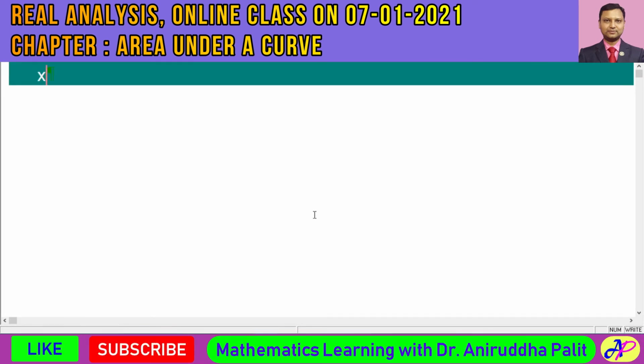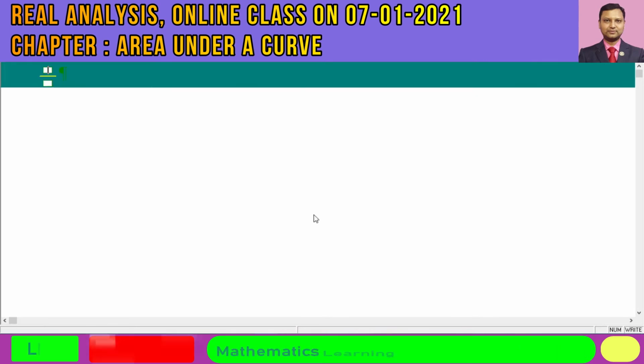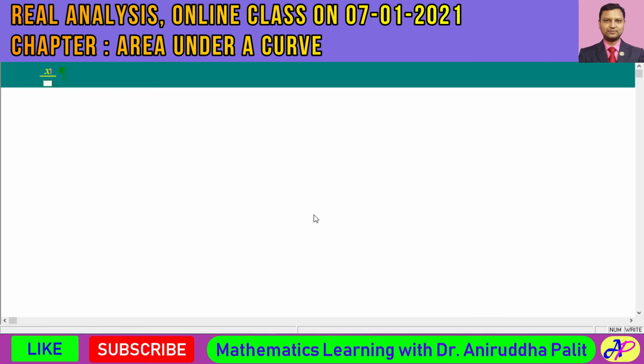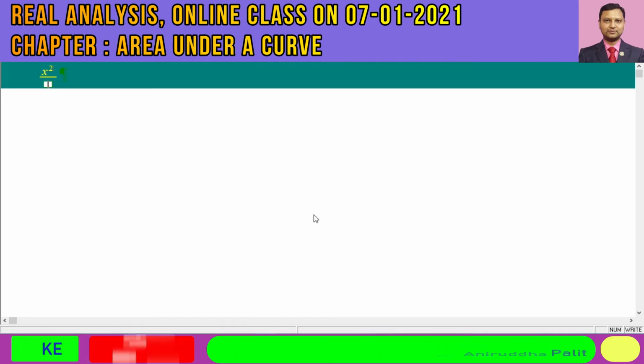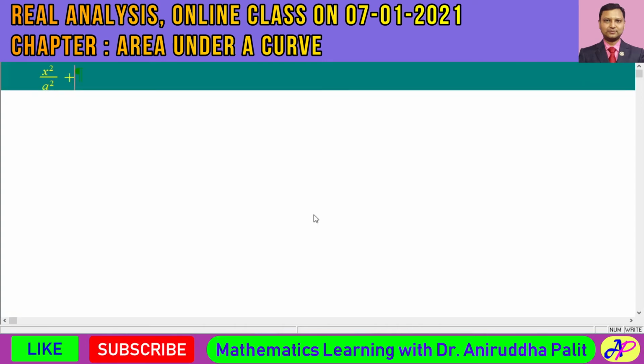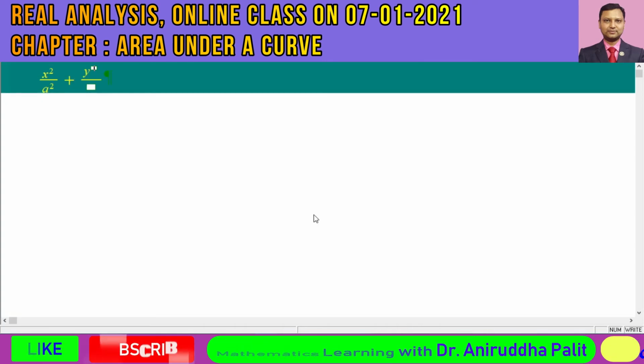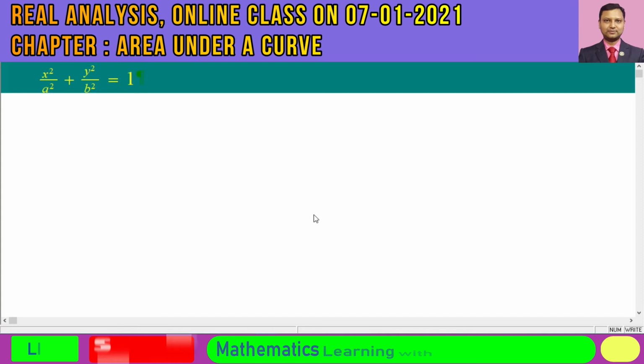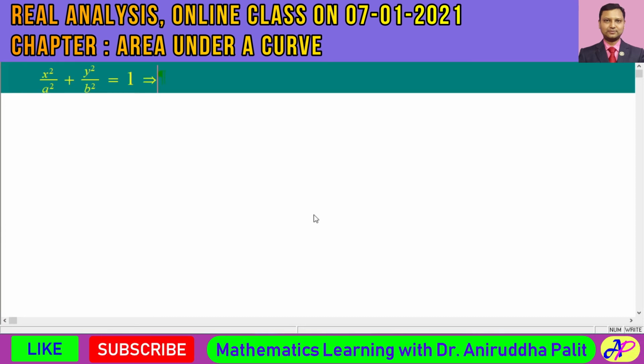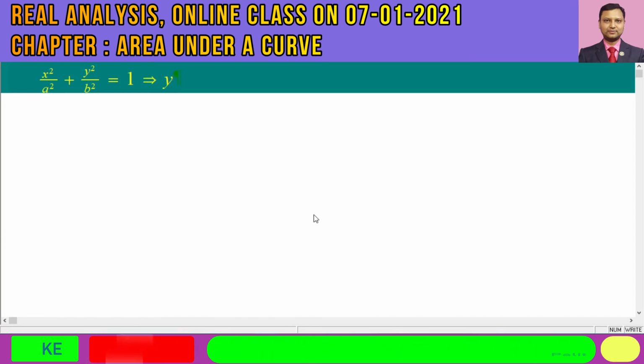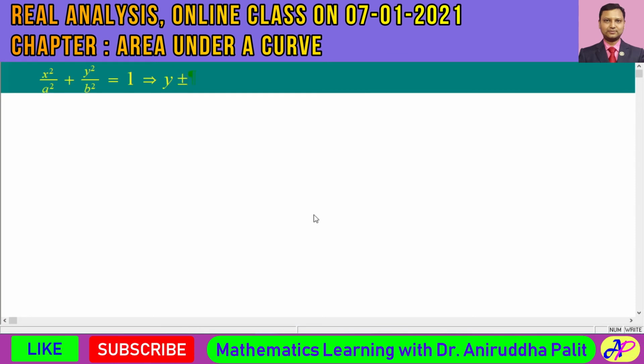Suppose the given ellipse is x square by a square plus y square by b square is equal to 1. And in that case, generally y should have this kind of value, plus minus. y should be equal to plus minus root over of what would be the value of y?